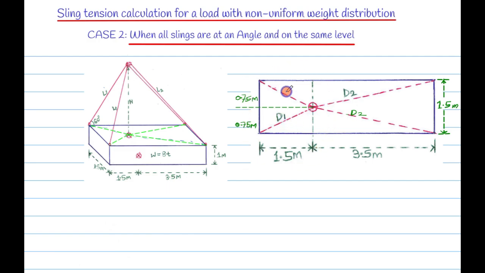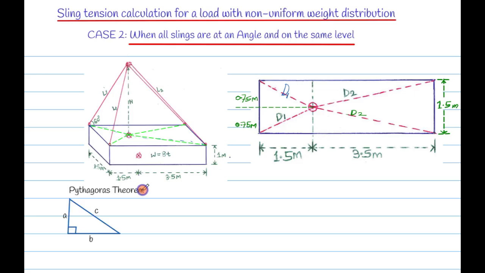So let's call the length from L1 to the center of gravity D1. And the distance from the center of gravity to L2, let's call it D2.